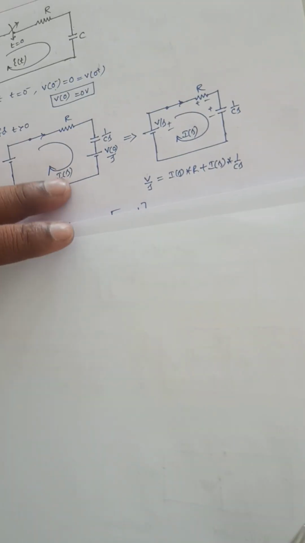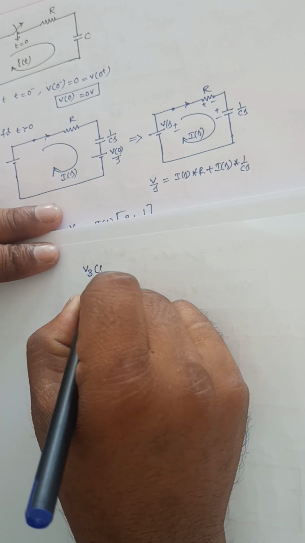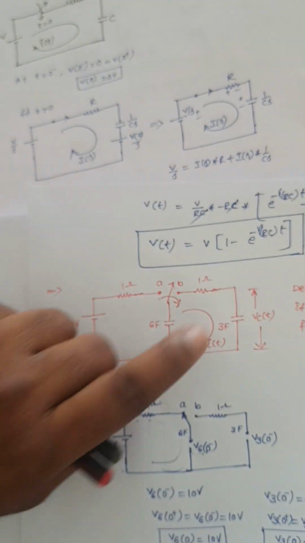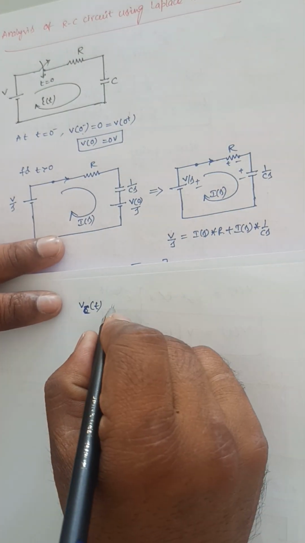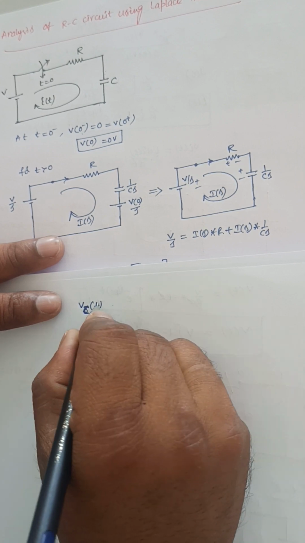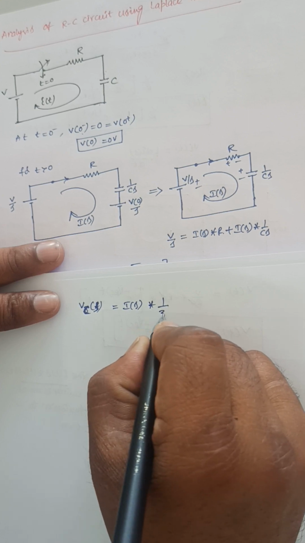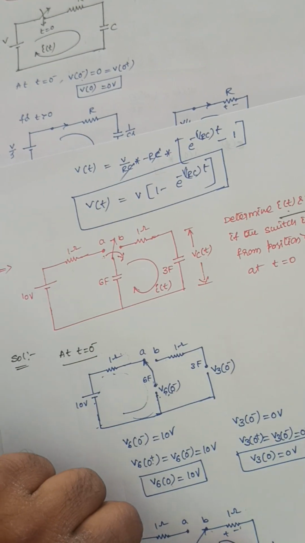Or I can also write V3 of t or Vc of t. Normally in the problem he represents this one as Vc of t. Vc of s is equal to I of s into 1 by 3s. So this capacitance is 1 by 3s value. Anyway, this initial voltage is 0.